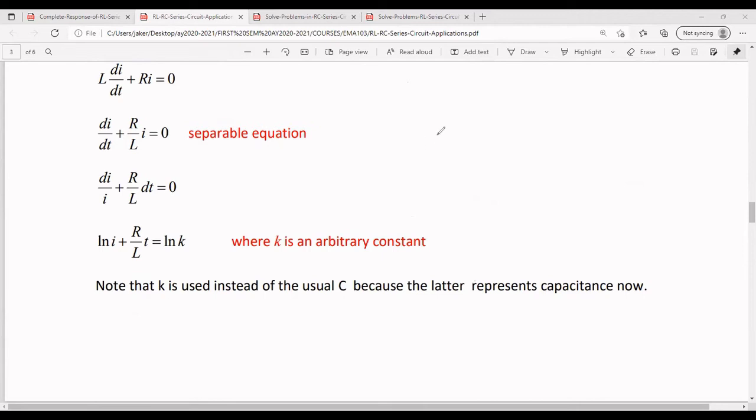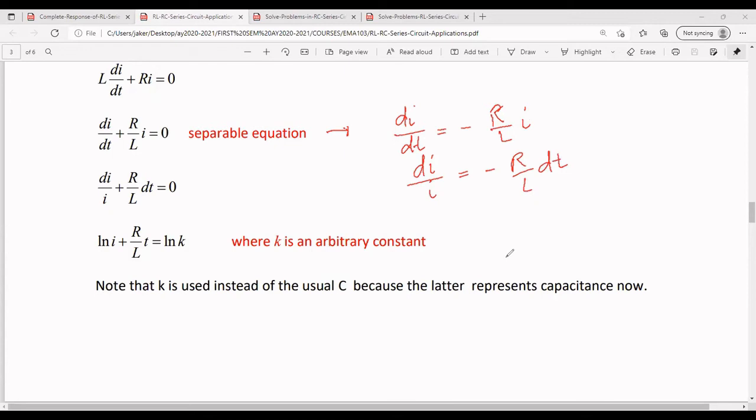In that case, this particular dE now could be written as dI/dt, and I'd like to transfer this on the other side, and I will have R over L times I. Now this is I, so I can crisscross. I place the I in here, I place the dt in here. So I will have something like dI over I is equal to negative R over L dt.